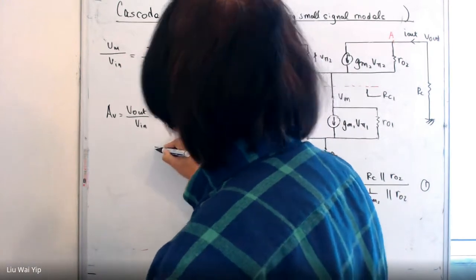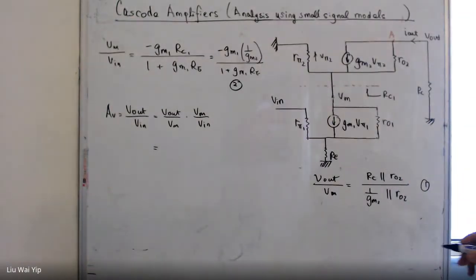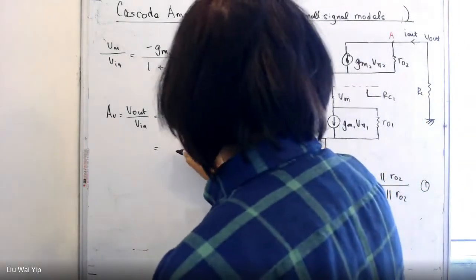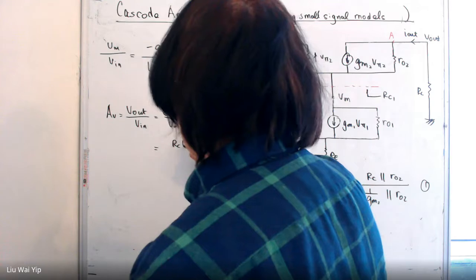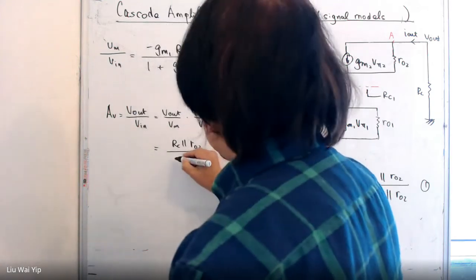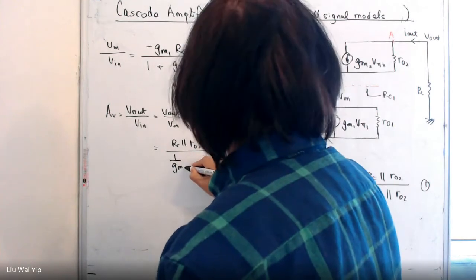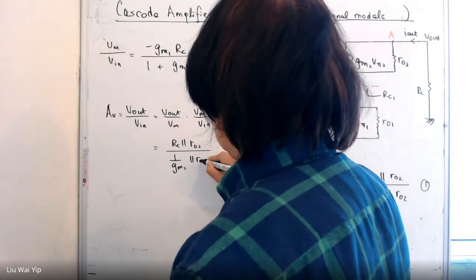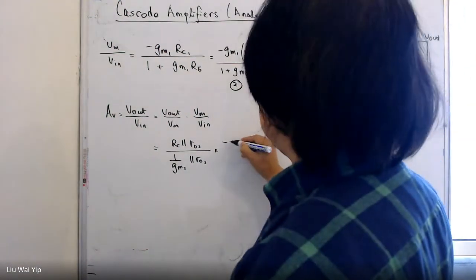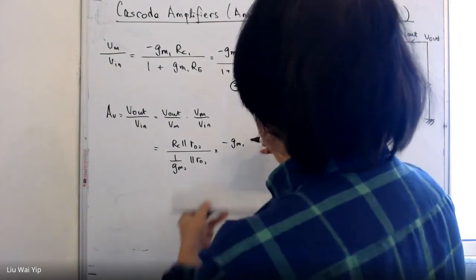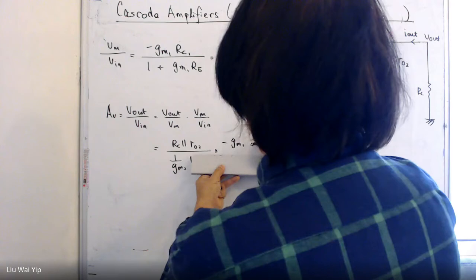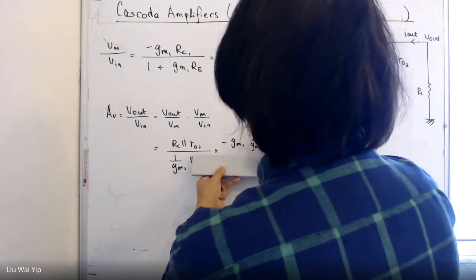And if you work out carefully, we can just substitute this expression into the first one. So RC, 1 over Gm2, RO2, and this one here is going to be 1 over Gm1 and 1 over Gm2.